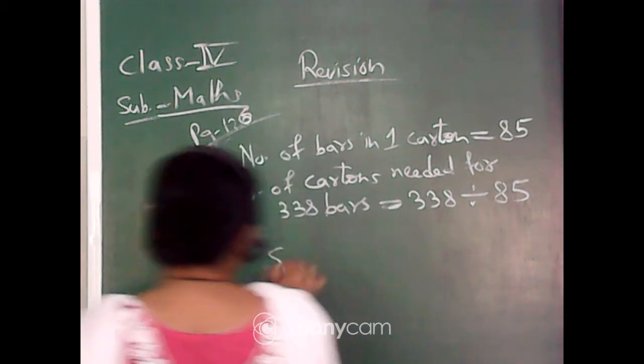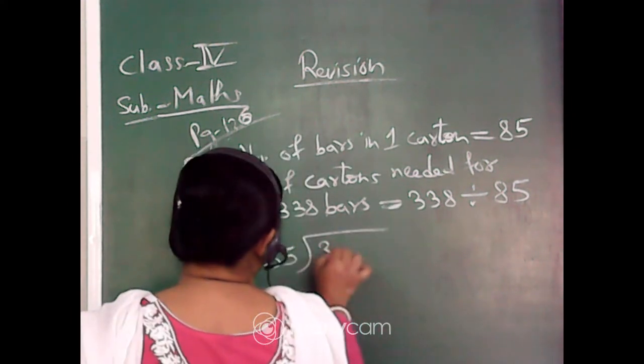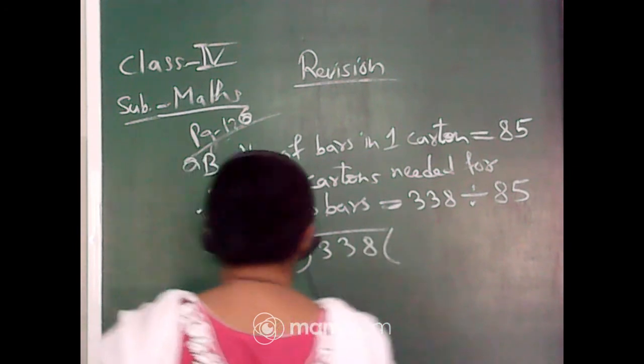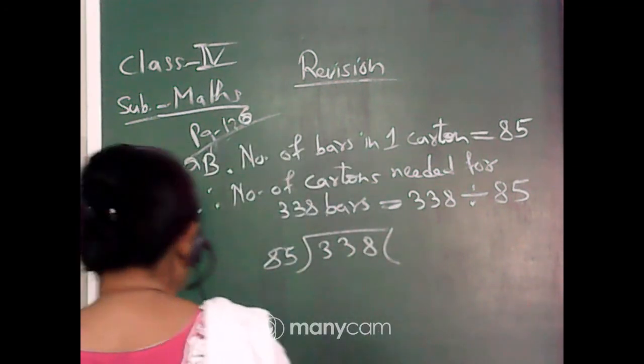So 85 outside and 338 inside. So divide it.